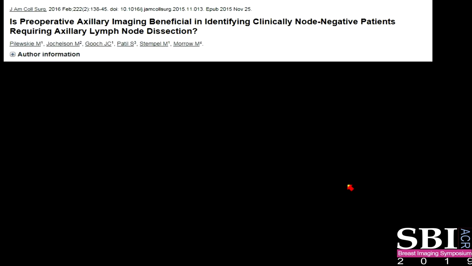This is a larger study from Sloan, Monica Morrow's group, from the Journal of the American College of Surgeons from 2016. And this asked, is preoperative axillary imaging, not just ultrasound but also X-ray imaging, beneficial in identifying clinically node-negative patients requiring axillary lymph node dissection.